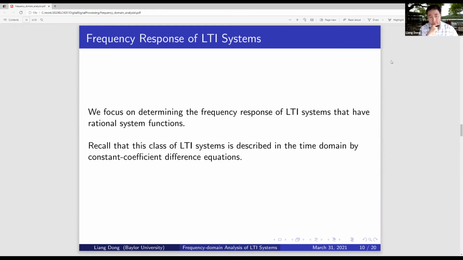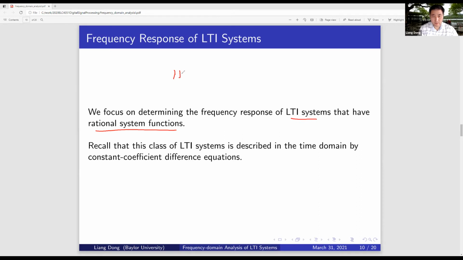So let's look at the frequency response of a general LTI system. We want to focus on determining the frequency response of an LTI system, and this LTI system can be represented with a rational system function. Now, what is a rational system function? That is a fraction, right?